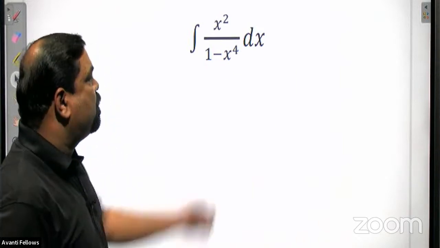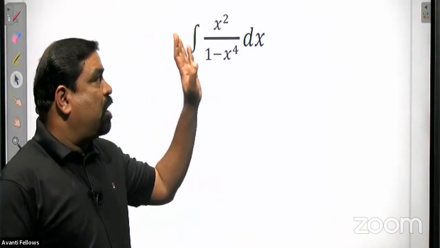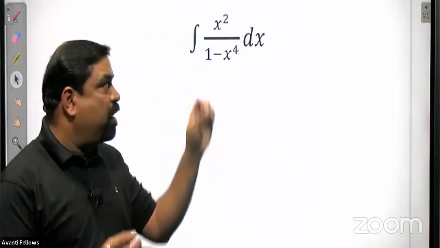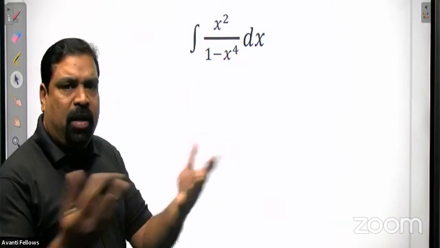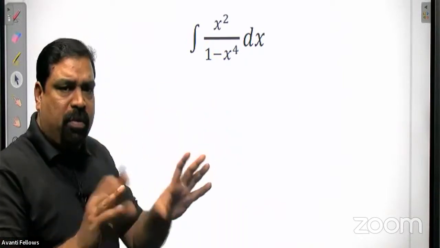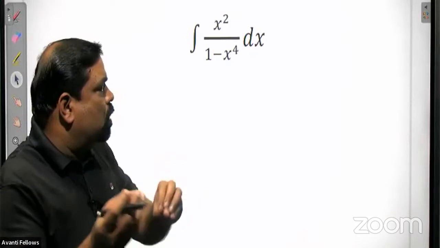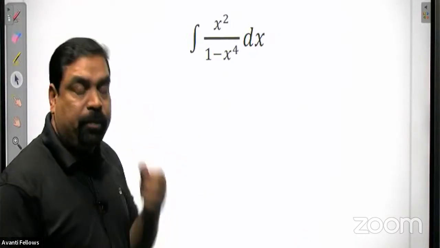One thing, you can factorize the denominator. Then just like the previous question, it can be expressed in the form of partial fraction by taking x square equal y. But we can do without those process within a short time, without much effort.